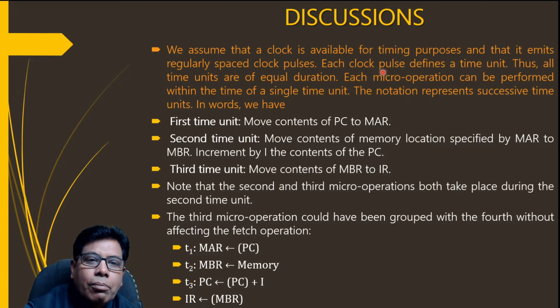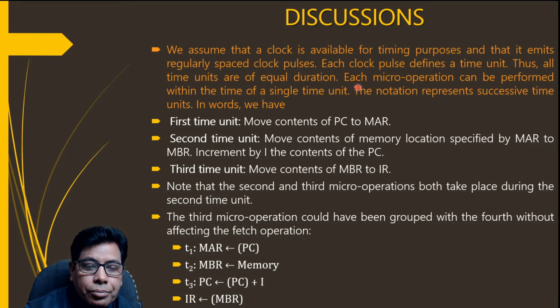So a clock pulse will depend on the clock frequency, 1 by f. Thus all the time units are of equal duration, and each micro operation can be performed within the time of a single time unit. That is very important.